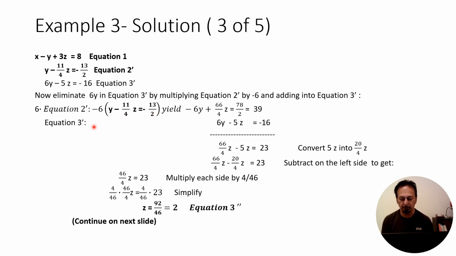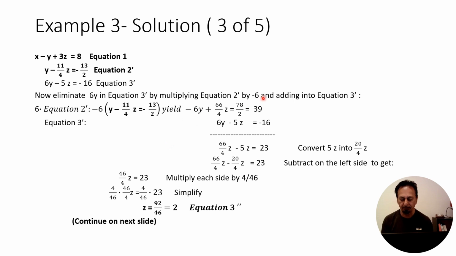So this yields minus 6 times y, minus 6y, minus 6 times minus 11 over 4 becomes plus 66 over 4z, and equals minus 6 times minus 13 over 2, so minus times minus is plus 78 over 2. Now we can simplify it. We can have a minus 6y.